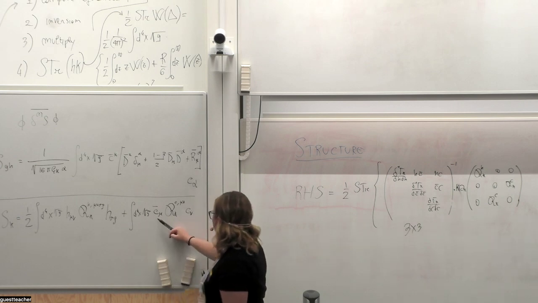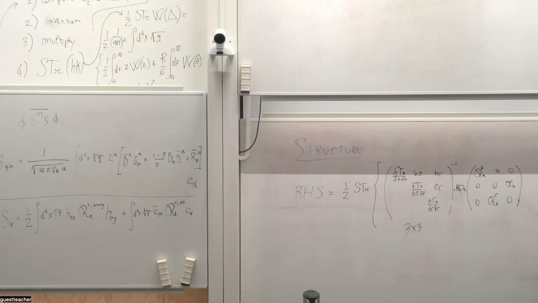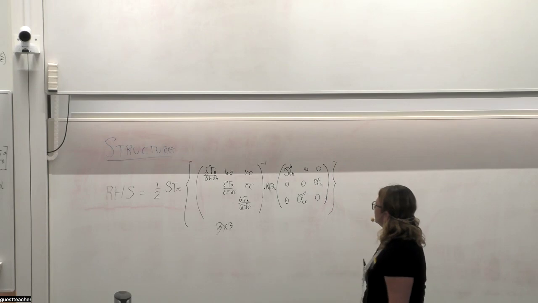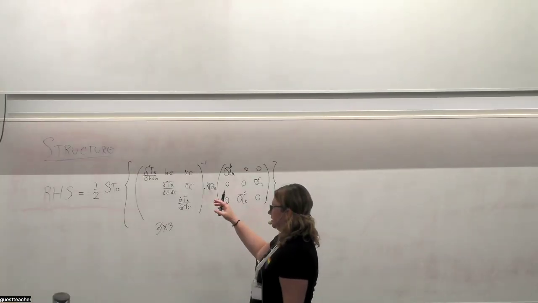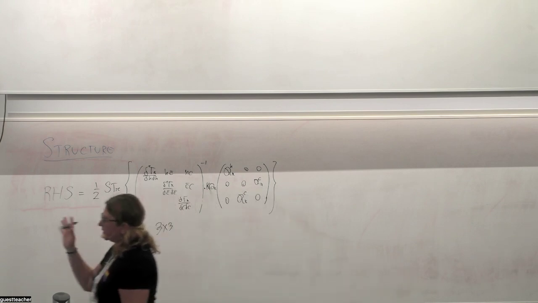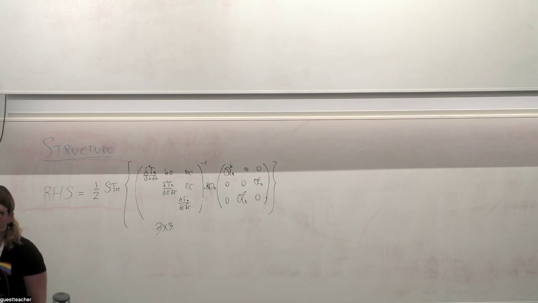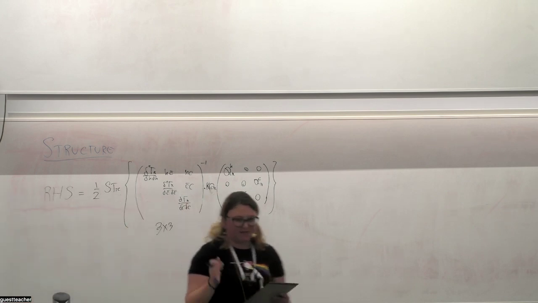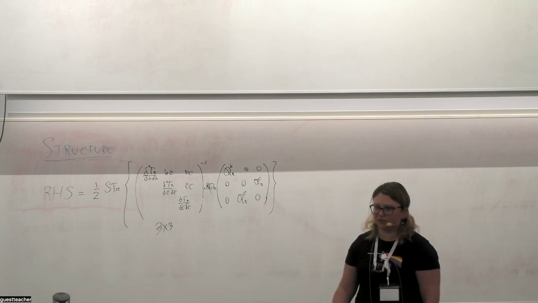So here we have this structure. And this helps us, especially after I already wrote the ghost action in this nice form, because on the background, the graviton part and the ghost part are kind of decoupled.